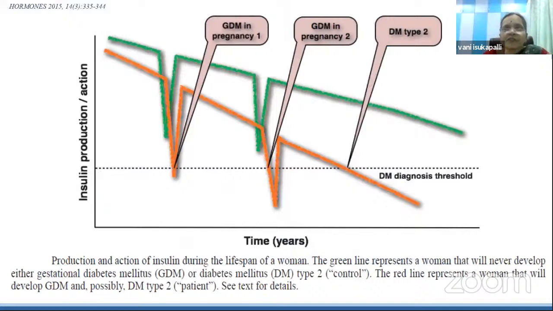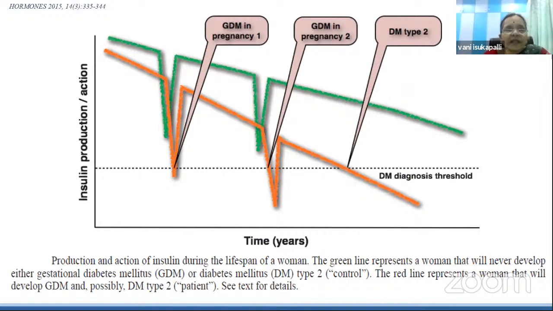So this is a wonderful slide. Please have a close look at this. The dotted line is the diabetes mellitus threshold for diagnosis. If you see the green bar or the green line, we can see the arrows pointing. Even in the pregnancy, the blood sugar levels did not cross the threshold.